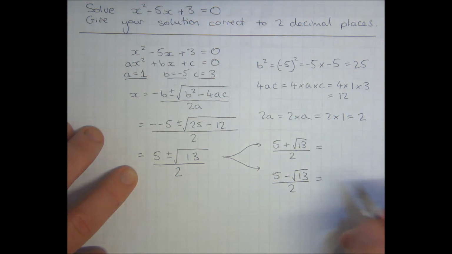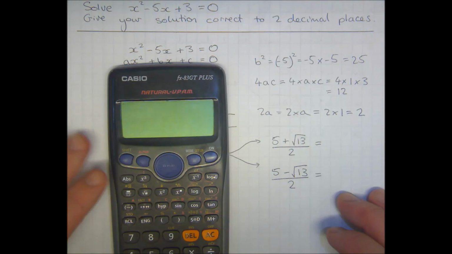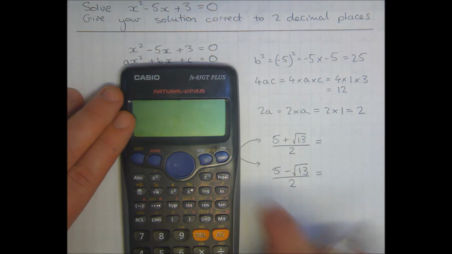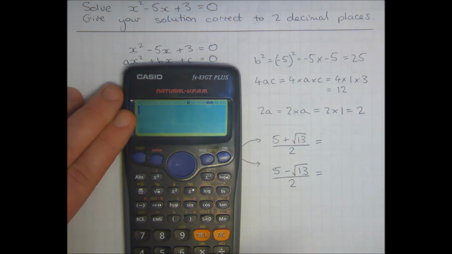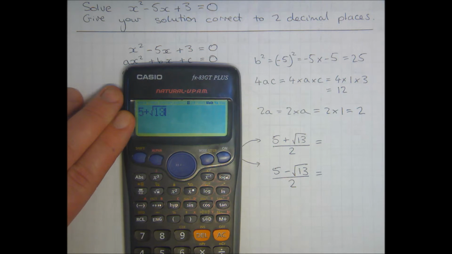So let's put those there, and with the calculator put 5 plus the square root of 13, and I'm just going to press equals to calculate that bit, and then press divide by 2 to halve the answer.